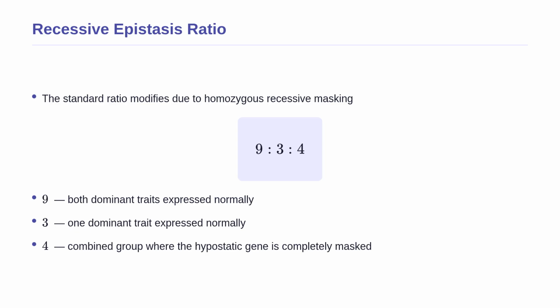Being homozygous recessive for the epistatic gene completely hides the effect of the second gene. Therefore, any individual with two recessive alleles for the first gene will look exactly the same, regardless of what alleles they possess for the second gene. The distinct categories collapse into each other.